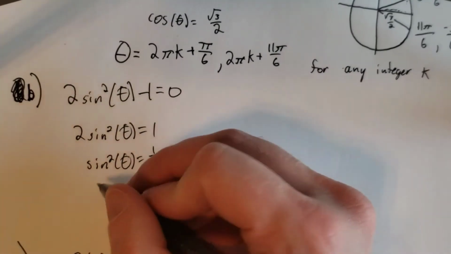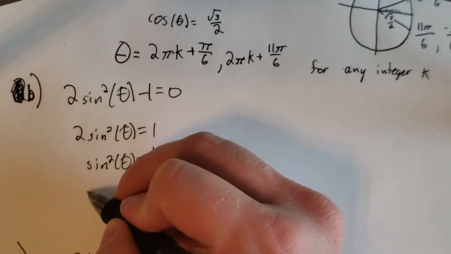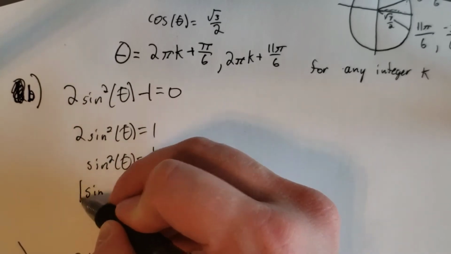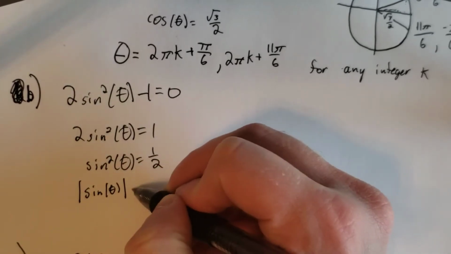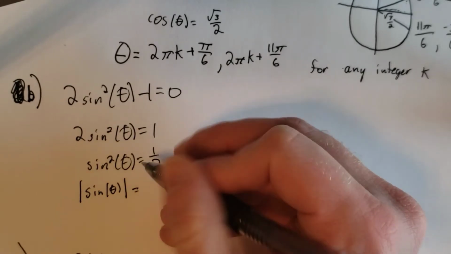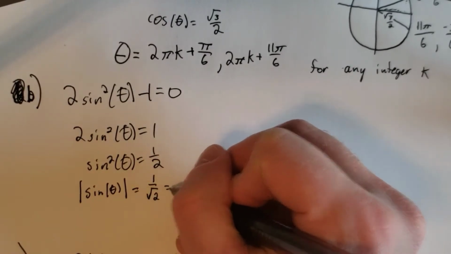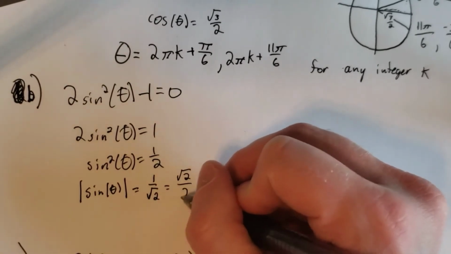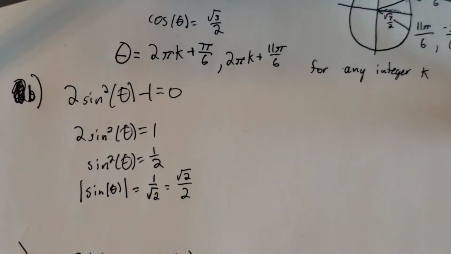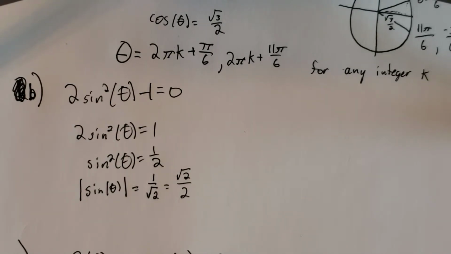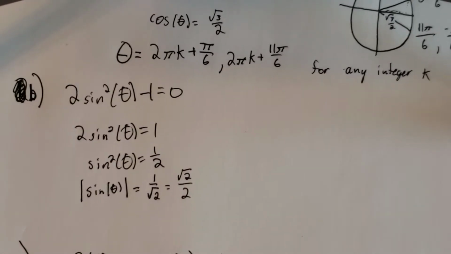Then if we square root both sides here, we get absolute value of sine of theta is equal to 1 over the square root of 2, which is the same as the square root of 2 over 2.